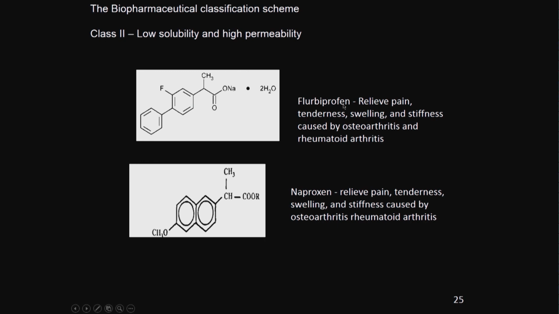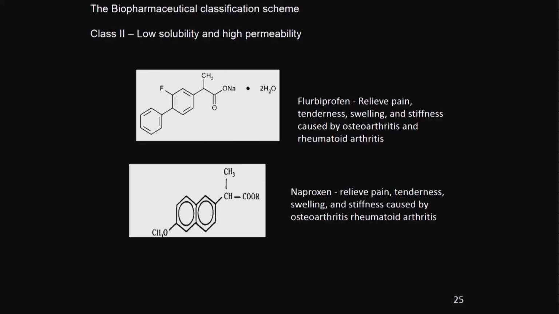Flurbiprofen, just like ibuprofen, relieves pain, tenderness, swelling, stiffness, given for osteoarthritis, rheumatoid arthritis. Naproxen relieves pain, tenderness, swelling. So, it has got low solubility, that means a lot of drug can get excreted from the body because it does not fully dissolve, but permeability there is no problem at all.